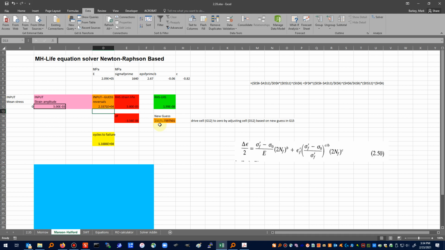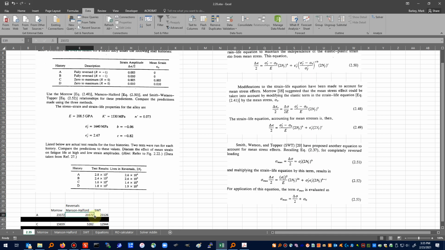Now it's really hard to say that any of these fatigue lives should be calculated to any more than 3 significant digits, so please keep that in mind. I may write down more digits. I won't count fractional reversals. It doesn't make any sense to do that. But 3 significant digits on reversals is probably all we're going to get. So in the end, we'll probably show this in scientific notation with a limited number of digits. All right, so 23,372 for Manson-Halford.